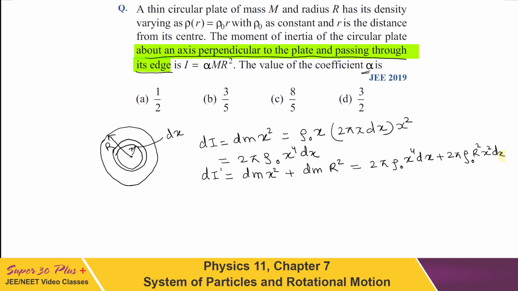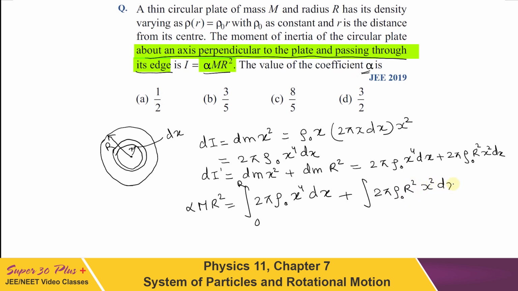Now we can get for the whole plate the moment of inertia which is desired here. So alpha m r square can be written as equal to integration of this dI dashed. That will be equal to integration of 2 pi ρ0 x4 dx, limit from 0 to r, plus integration of 2 pi ρ0 r square x square dx, again integration from 0 to r.